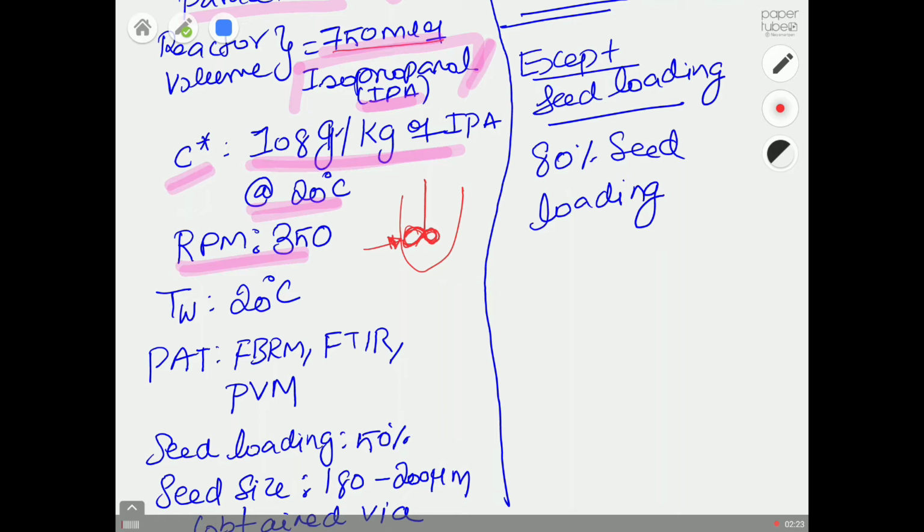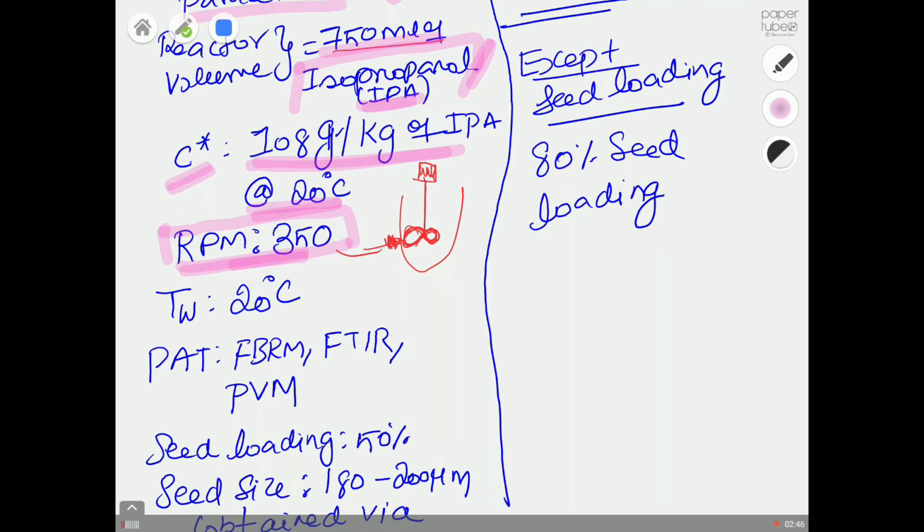It has 4 blades, and we provided agitation using the overhead stirrer. This is connected to a motor, and all the experiments were performed at a constant agitation speed of 350 rpm, which means 350 revolutions per minute.